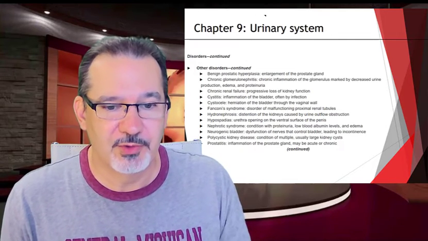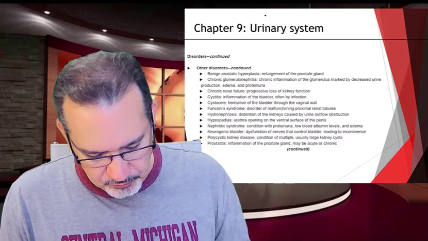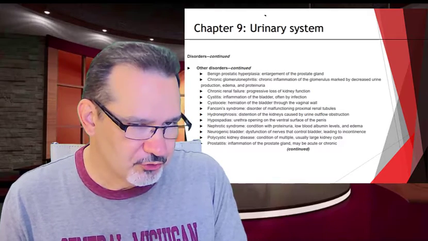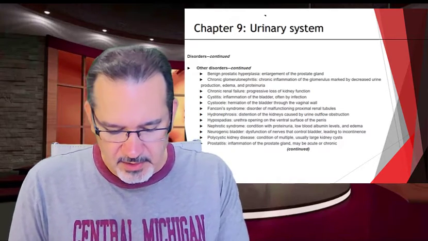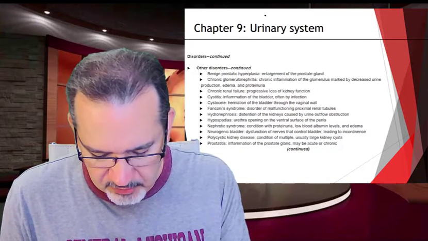Hypospadias, the urethral opening on the ventral surface. This usually occurs in females. Okay. And it says where the opening occurs within the vagina.